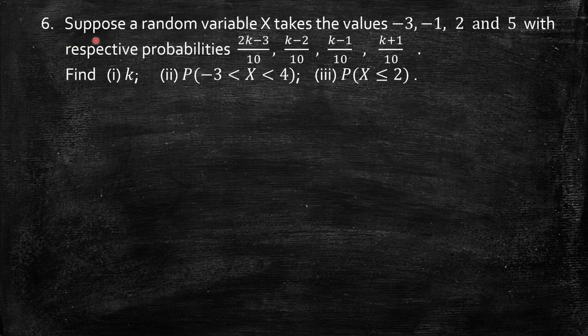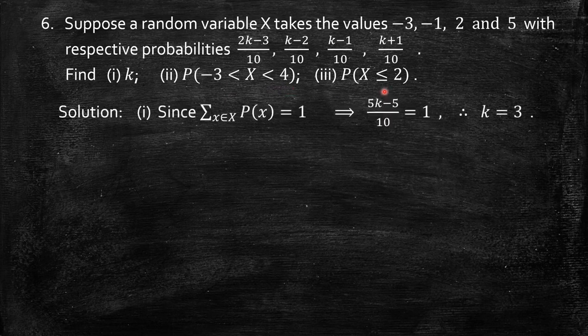Question number 6. Suppose a random variable x takes the values -3, -1, 2 and 5 with respective probabilities given again in terms of k. Find k and these two probabilities, that is -3 less than x less than 4 and x less than or equal to 2. Similar type. So we know that the summation of p of x must be equal to 1. Add all these probabilities. So that gives 5k minus 5 by 10 must be equal to 1.